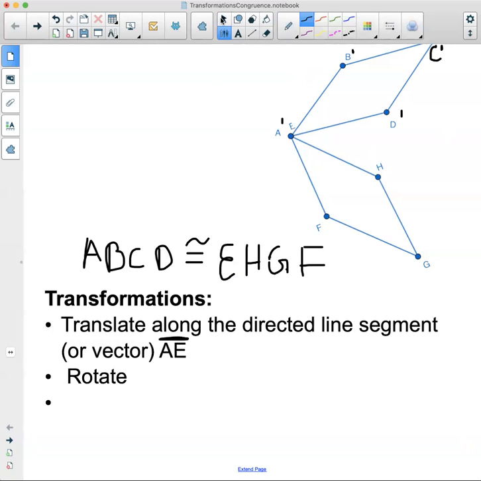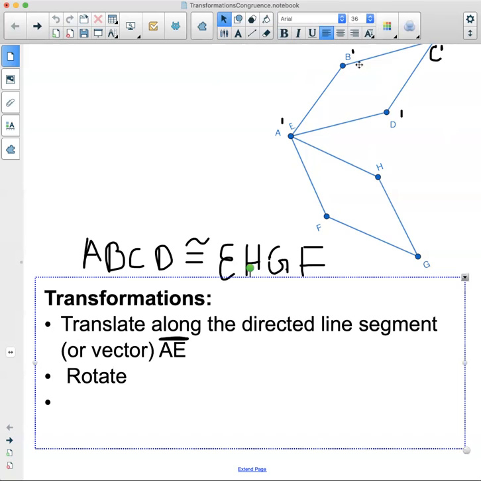So basically, when I rotate, I need to get A prime, B prime, C prime, D prime to move. And I need it to go towards E, F, G, H. So that's going to require a clockwise rotation.